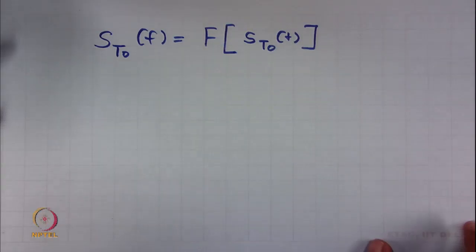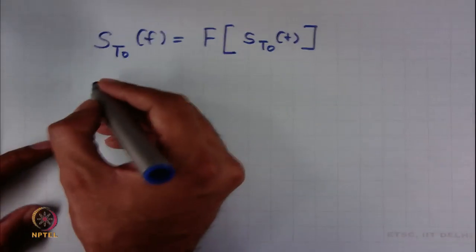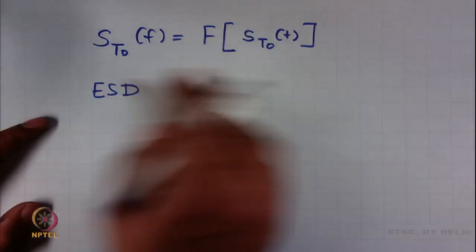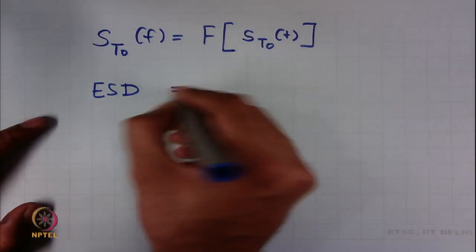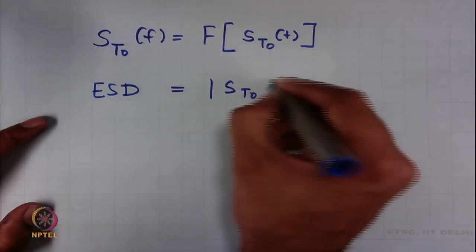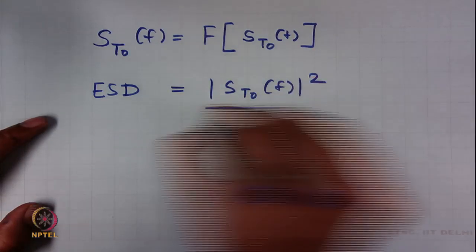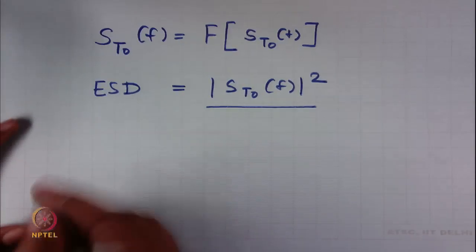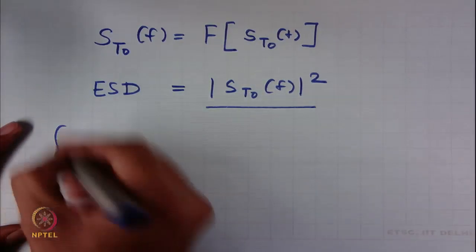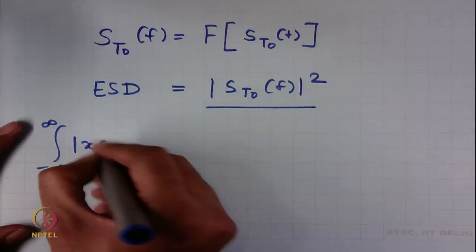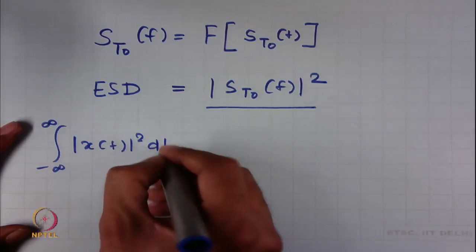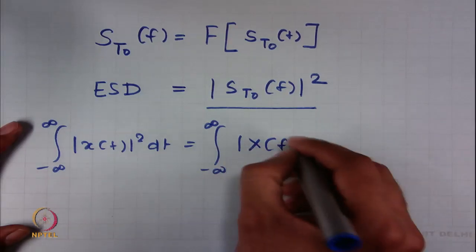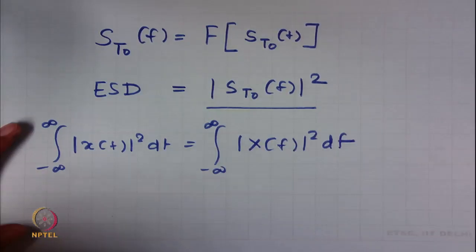Now, I define the energy spectral density of this signal as nothing but the magnitude squared of S T naught of f. Let us see why this is the energy spectral density, because you know from basics that the energy of the signal is this, and again from Parseval's theorem you can think about the energy as this.